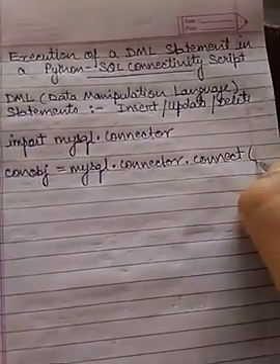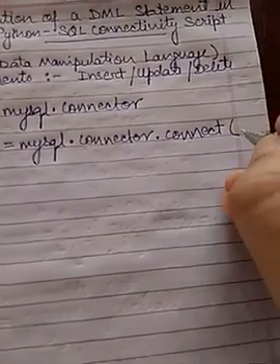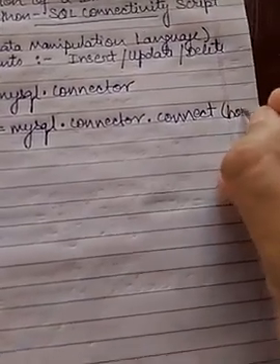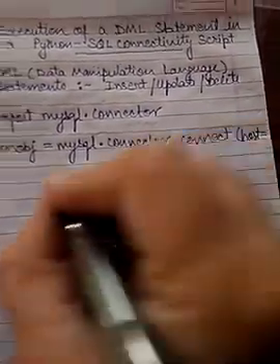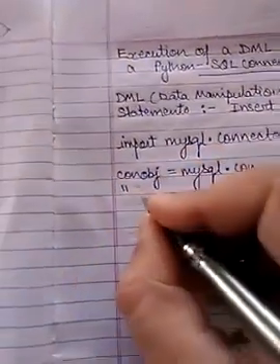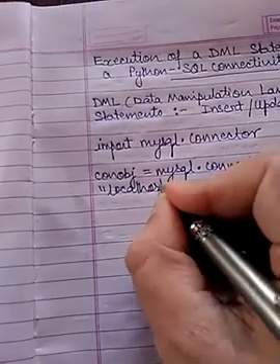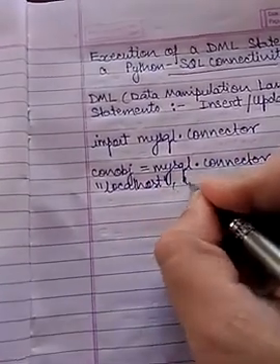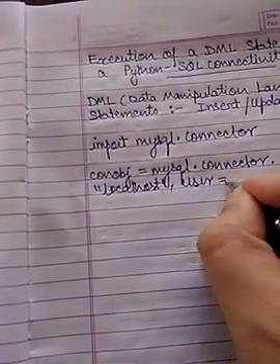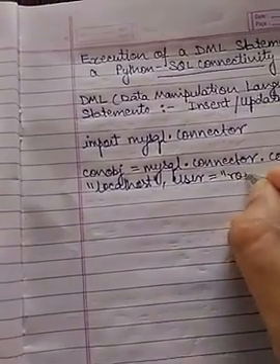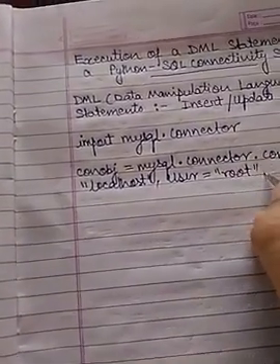MySQL.connector.connect in bracket, define the parameters, that is host. By default it is localhost. User, by default it is root.